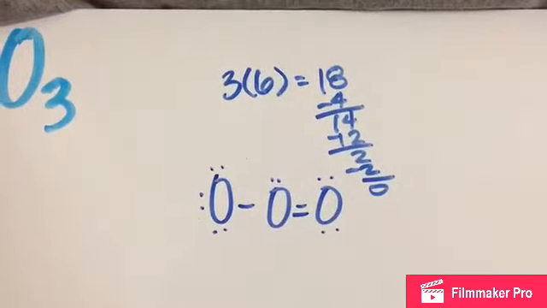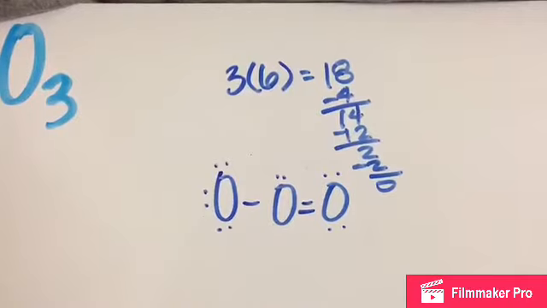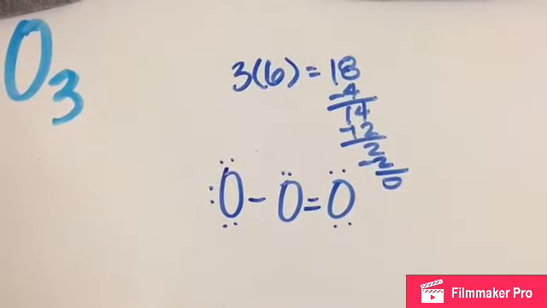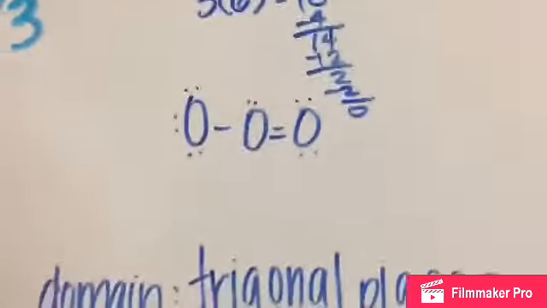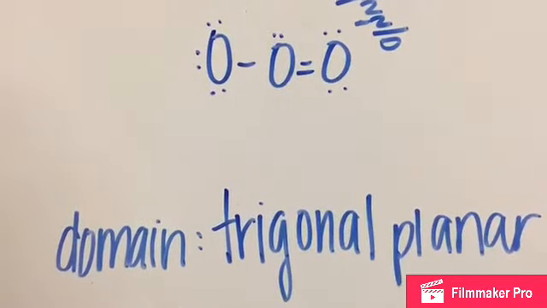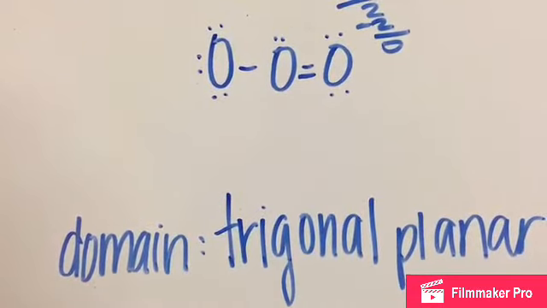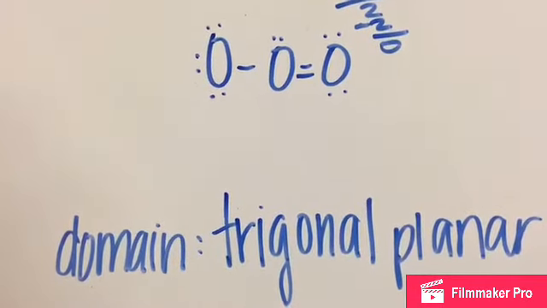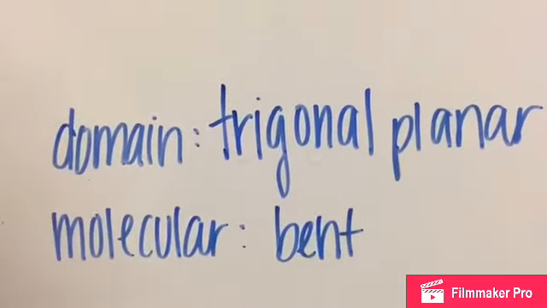Now that we have the Lewis structure, we can determine the domain and molecular geometries. We see that the central O atom has 1, 2, 3 domains. Therefore, the domain geometry will be trigonal planar. But one of the domains is a non-bonding pair and is different. So the molecular geometry will be bent.